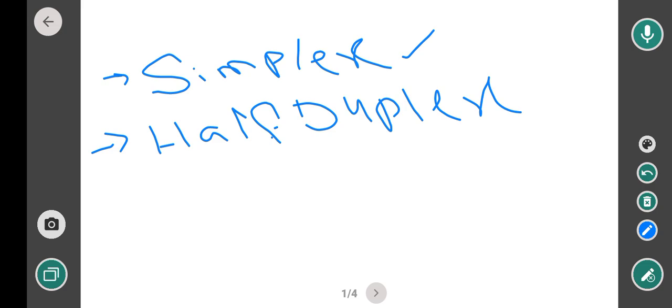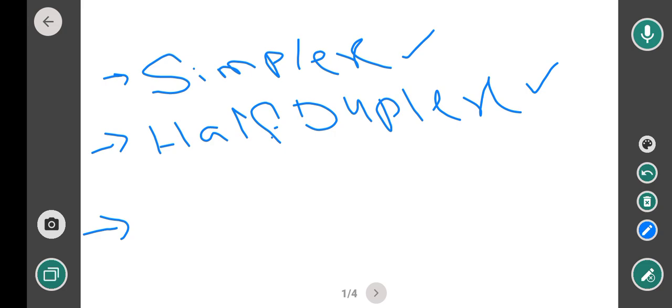These are devices which perform their functions one person at a time. So if one person is sending messages, then the others have to stop talking and start listening. These types of communication devices are known as half duplex.